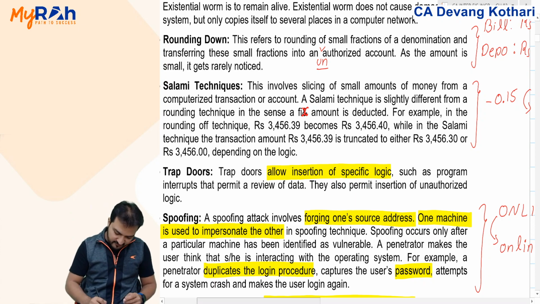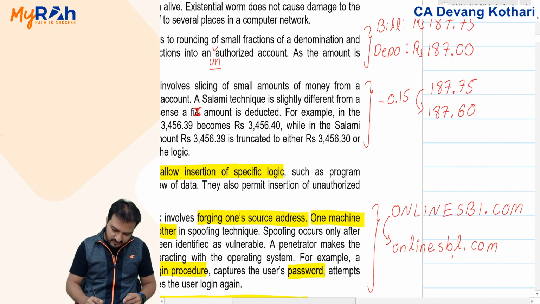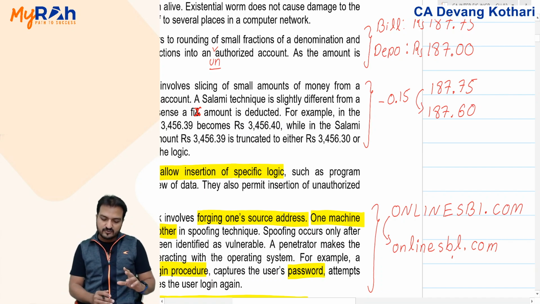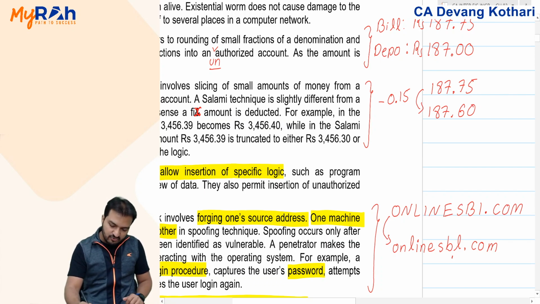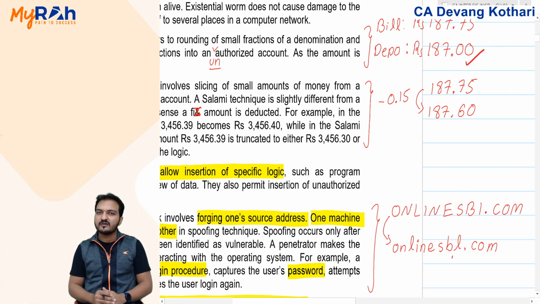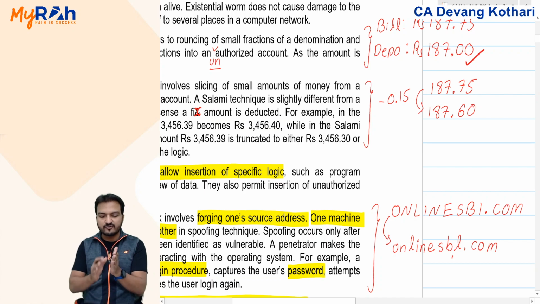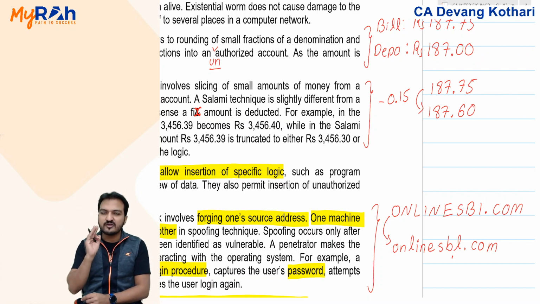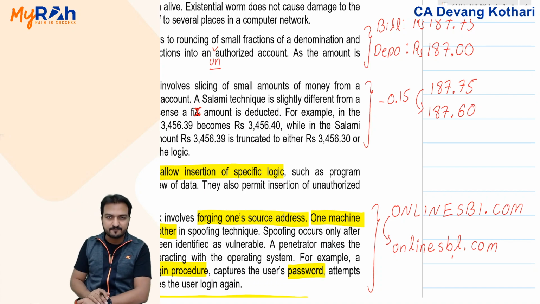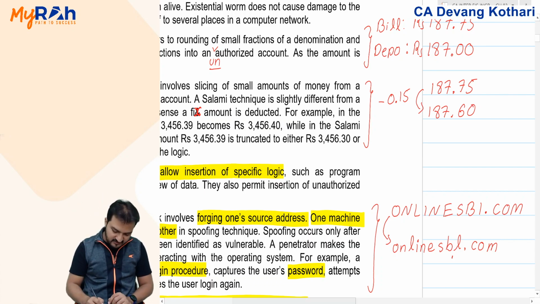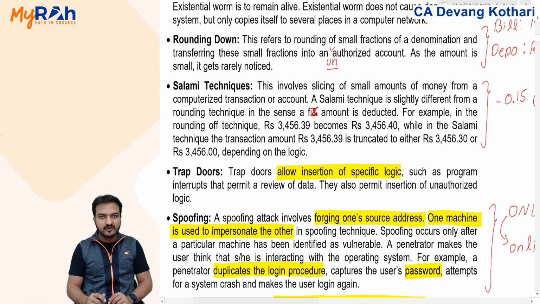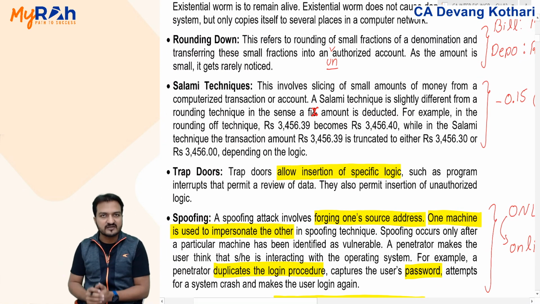Like the example I had given, if your bill amount turns out to be 187.75, but what is shown as deposit in your bank account is only 187, that 0.75 is transferred to the bank account of some other fraud, or maybe to the bank account of the software supplier. That is your rounding down, where the fraction amount is rounded and transferred to an unauthorized account.